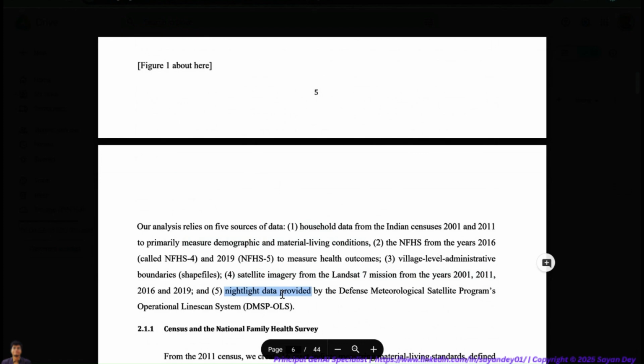If you're taking a flight and landing in Bangalore, you start to see lots of lights come up, right? That means there is more electrification. In that 100 square kilometers or 1,000 square kilometers that you see, there is a lot of electrification. That means there's a lot of development.